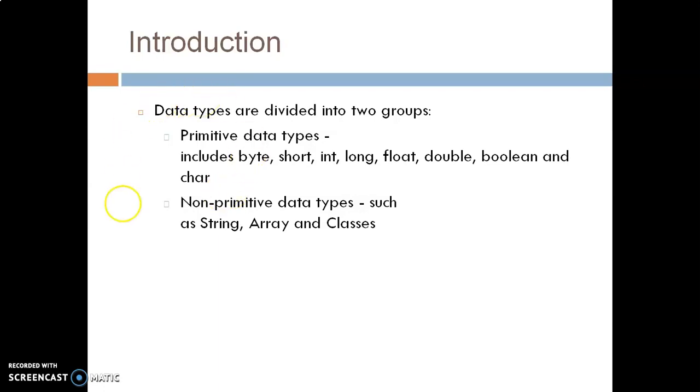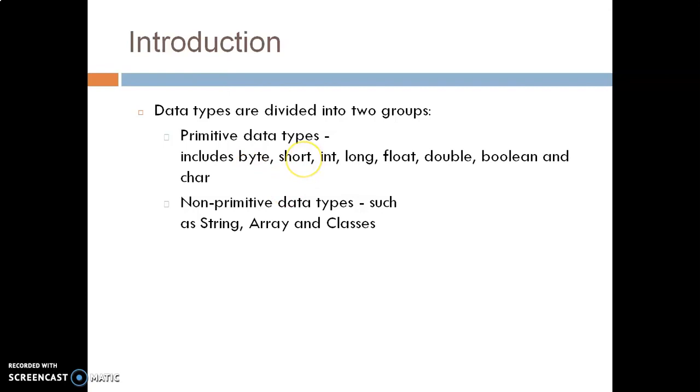They include byte, short, integer, long, float, double, boolean and char. These are all categories of primitive data types. As I said, primitive data types are inbuilt data types present inside the system, that we are not creating.